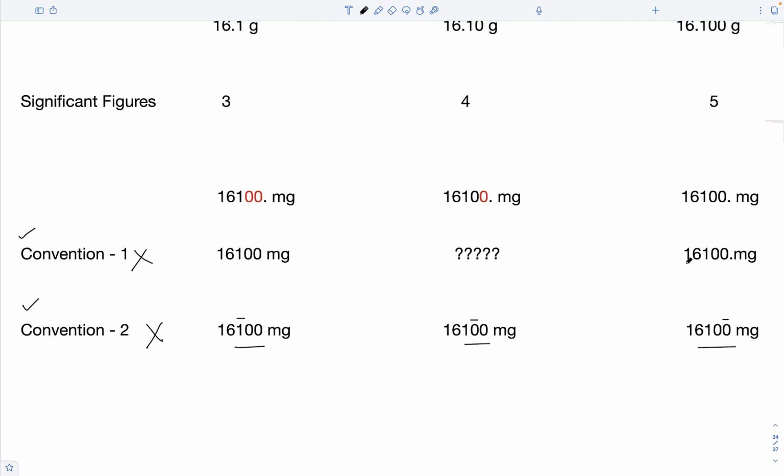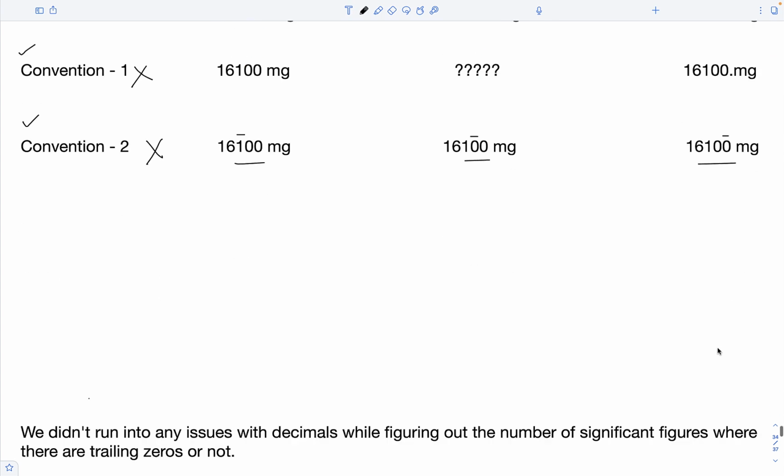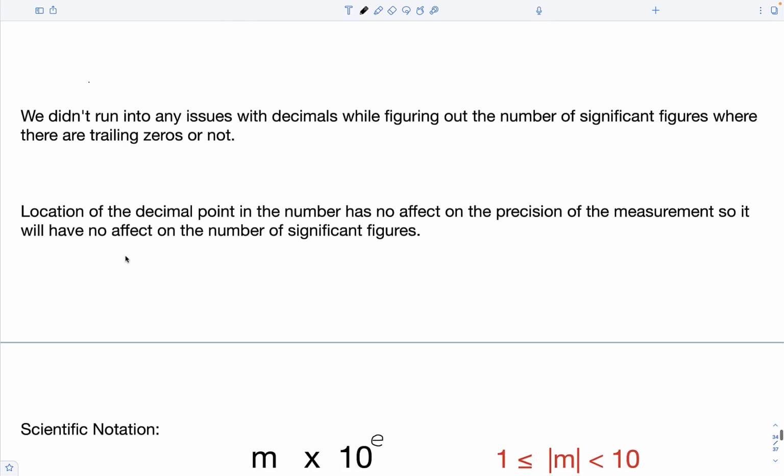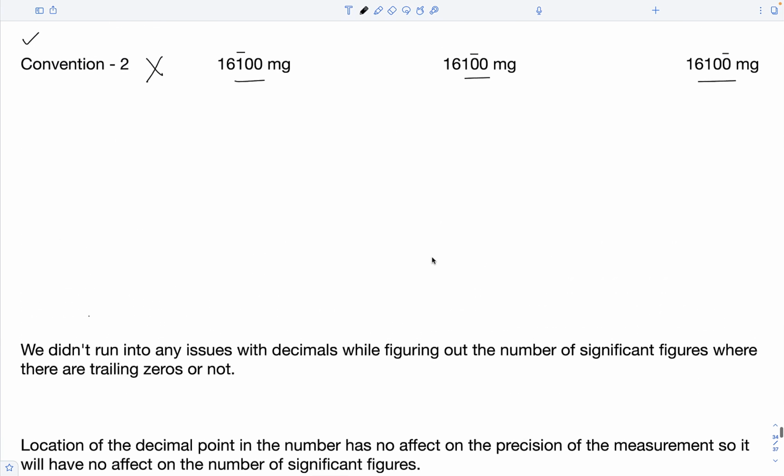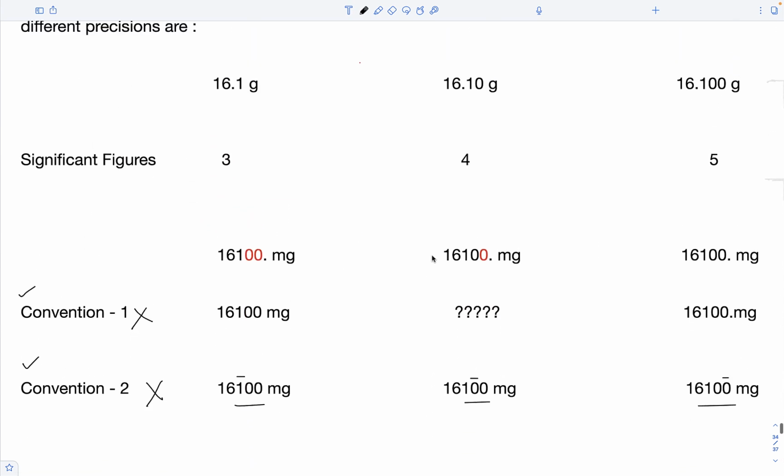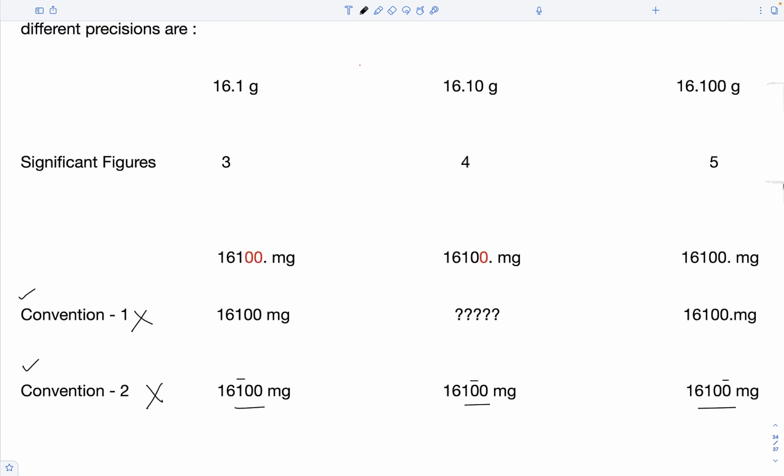Now the question is, where should we place the decimal point? Remember, earlier we established the fact that the location of the decimal point in the number has no effect on the precision or the number of significant figures of the measurement. So to convey the precision or the number of significant figures of a measurement without any confusion, we have the freedom to place the decimal point anywhere we want.